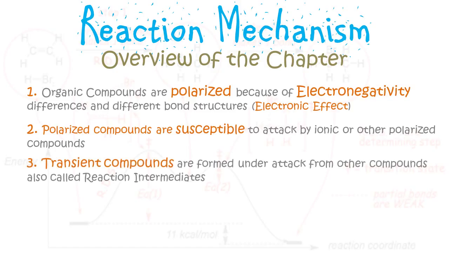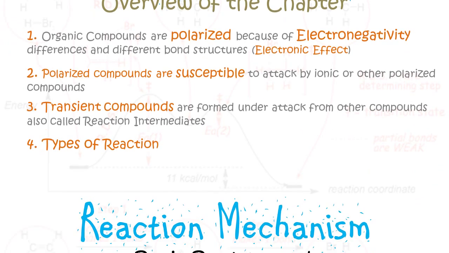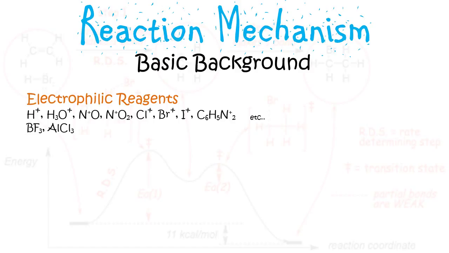In reaction mechanism, we talk about reaction intermediates which are formed for a very brief period of time, and these are called transient compounds also. And then the reaction is concluded. Electrophilic reagents are reagents which attract electrons, and these are typically acidic.